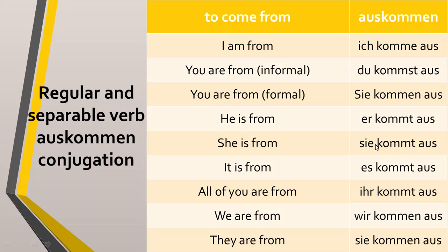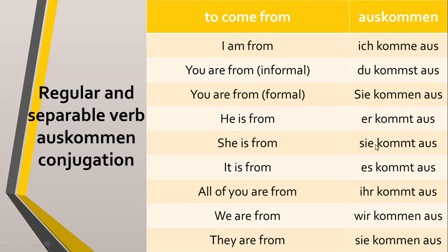Also, please note that there is another German verb, kommen, which means to come. And that is a regular verb too. So, not to confuse these two verbs and any other similarly written verb, Germans use prefixes like the aus here in this auskommen verb so as to distinguish the different verbs.